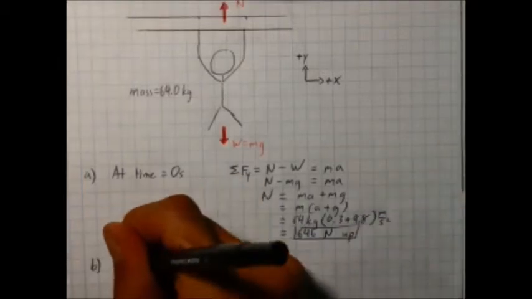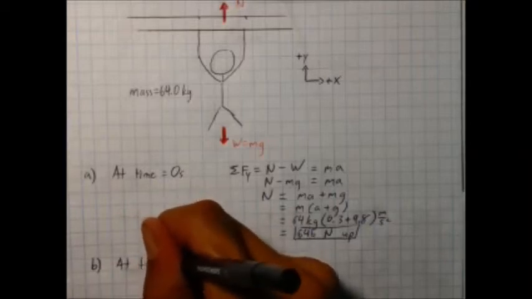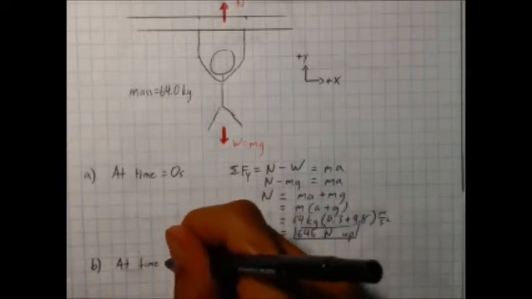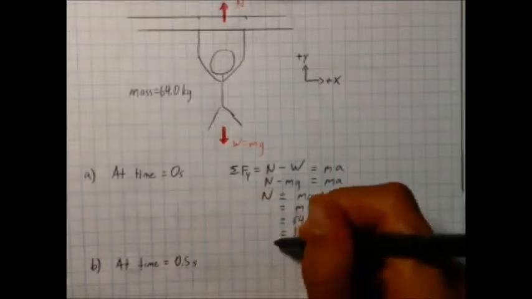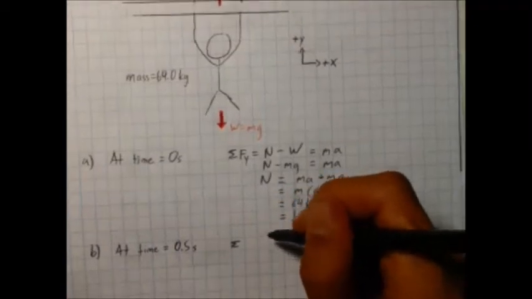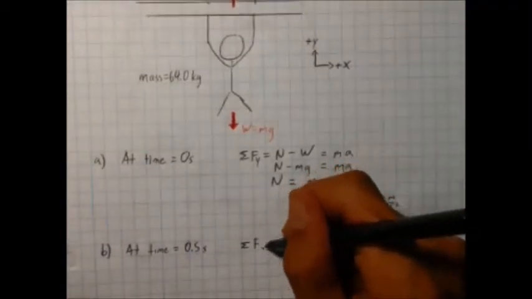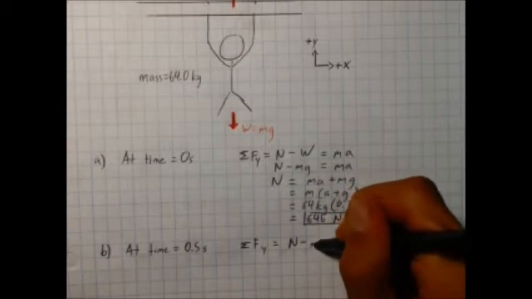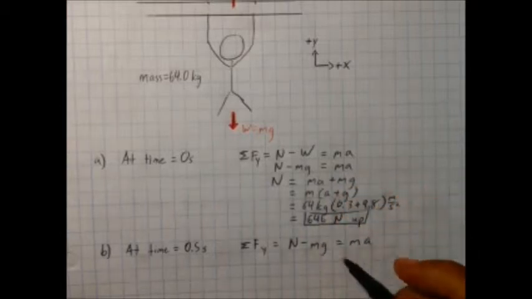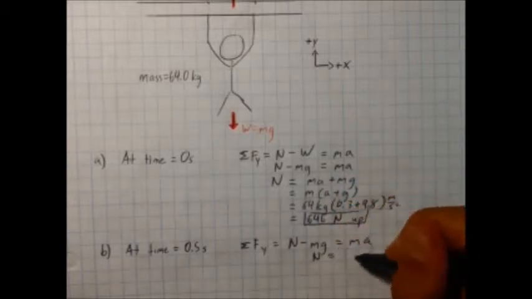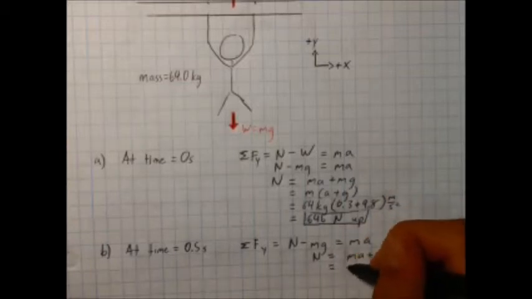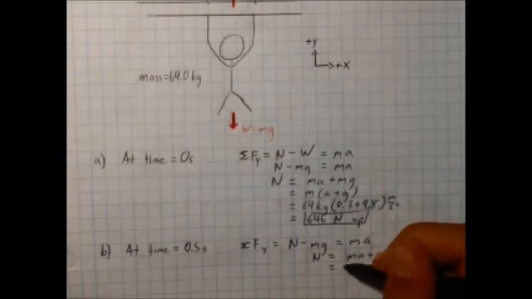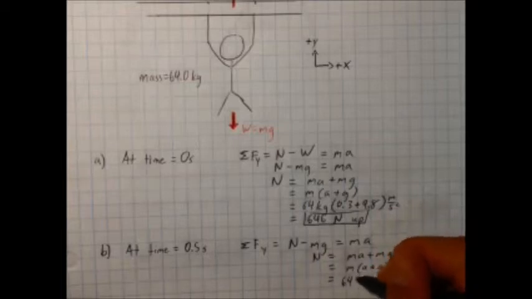Part B asks, what was the force of the bar against the person at time equals 0.5 seconds? Using the same formula as up there, I'm going to move mg to the other side like before. Now we're going to start substituting in numbers like before. 64 kilograms for the mass.